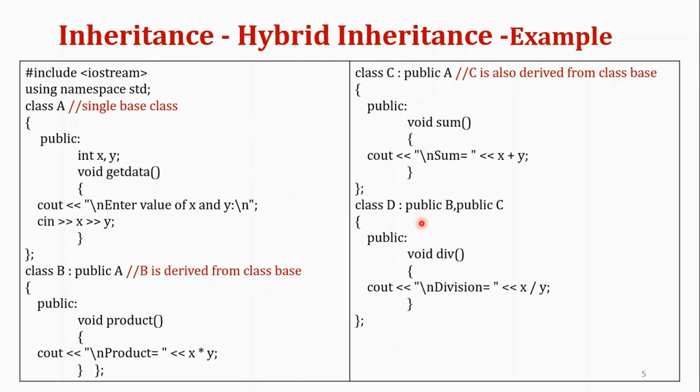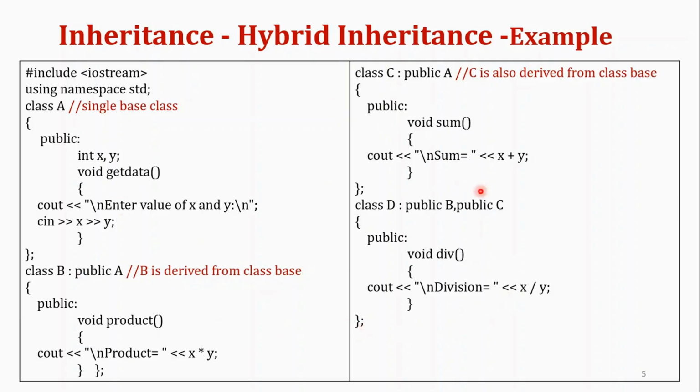Through either way, x and y are available in the class D. So two times actually the class A is inherited to the class D, one through B, one through C. So for division it needs x and y, which is available in the public part of class D through B and C. Okay, so now end of the class.